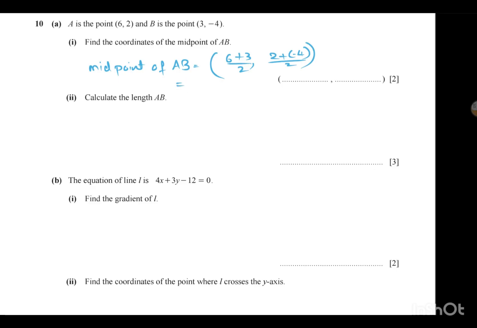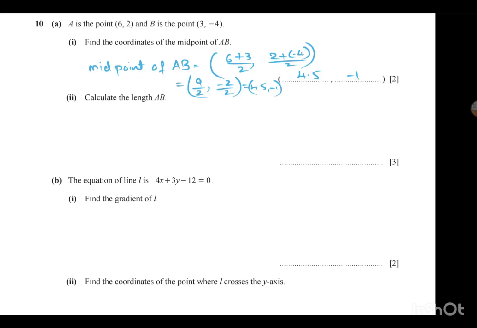Six plus 3 is 9, 9 by 2. 2 minus 4 is minus 2 by 2. 9 by 2 is 4.5 and minus 2 by 2 is minus 1. So (4.5, minus 1) will be the midpoint.